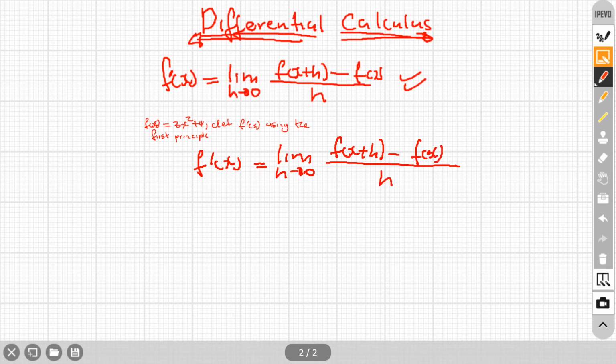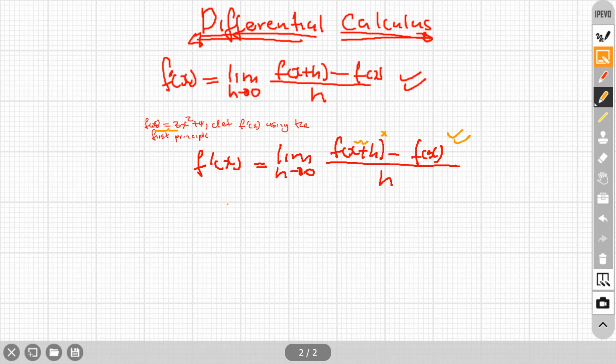From the question we know f of x, but we don't know f of x plus h. On the equation of f of x that we are given here, we have to substitute: where we see x, we substitute x plus h.